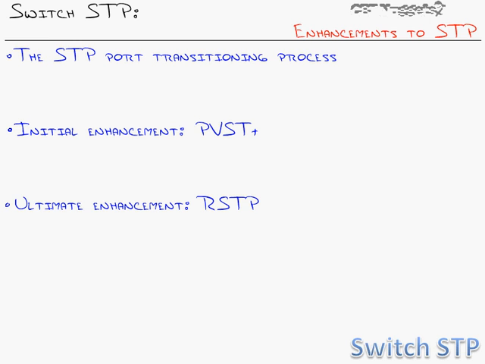So the enhancements to Spanning Tree: while we walked through this, we saw the normal Spanning Tree port transition process, which is listening, learning, followed by the forwarding state, which causes a typical 30 seconds of network outage while it's waiting to get to forwarding. That causes problems because PCs can boot faster than that and networks need to converge faster than that.